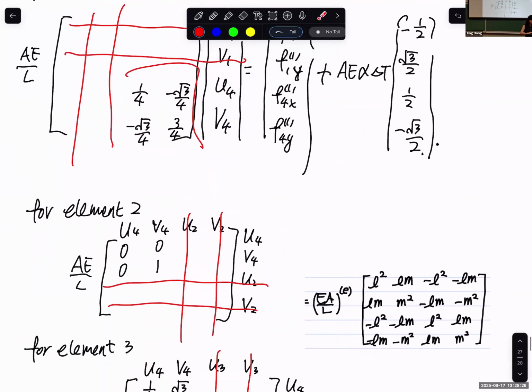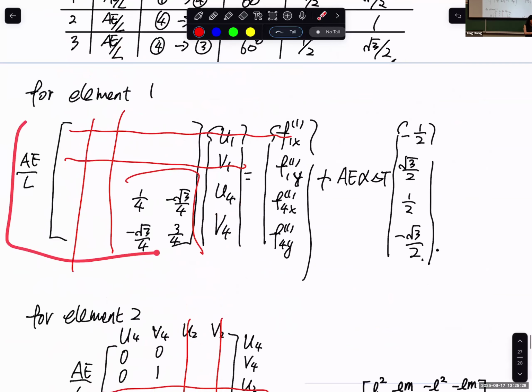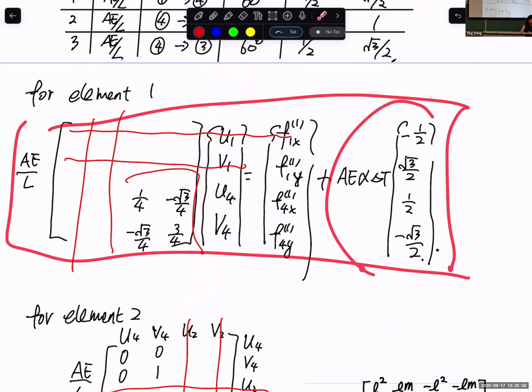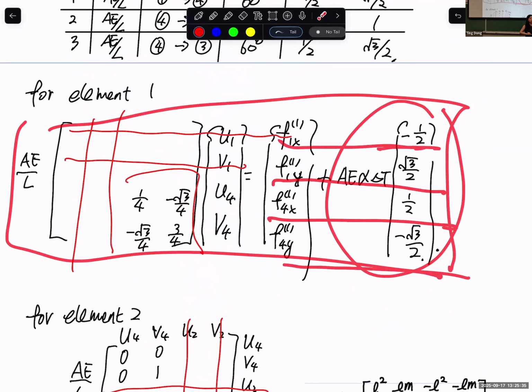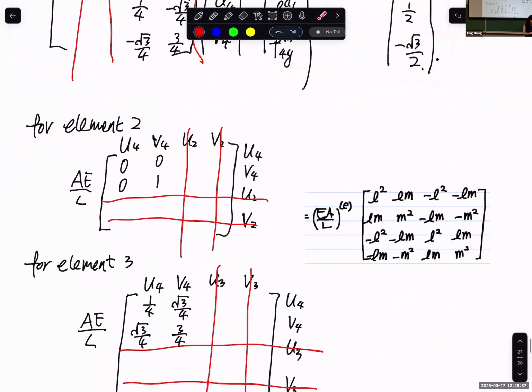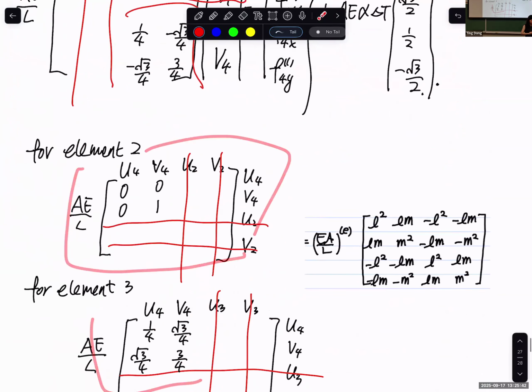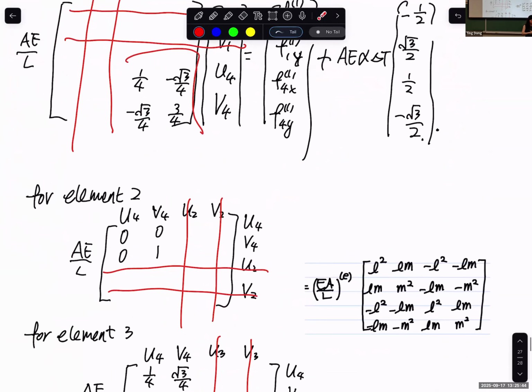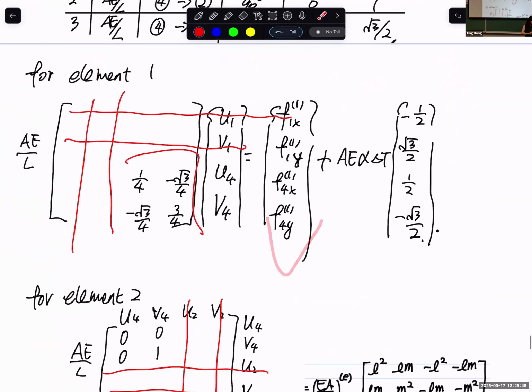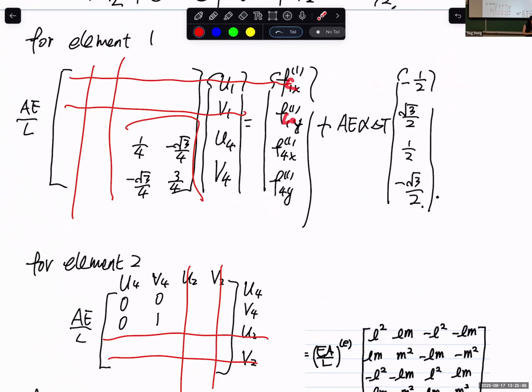For the first one, I wrote a complete matrix equation, right? So I have this term. This is node 1, node 1, node 4, node 4. I didn't write the complete equation for element 2 and element 3, because if I did, for element 2 it should be 4x, 4y, 2x, 2y, right? And then this term becomes 0, because there's no temperature change in element 2.